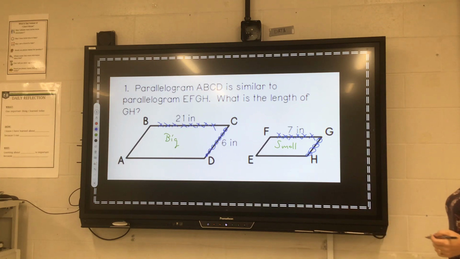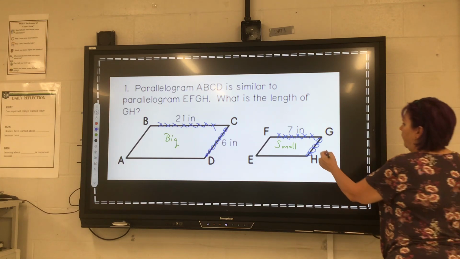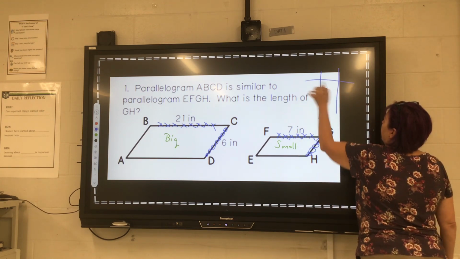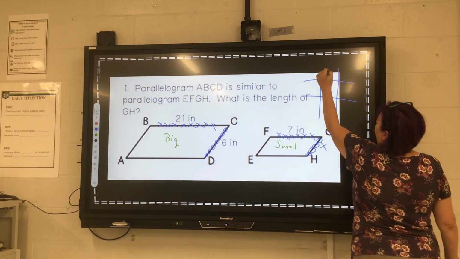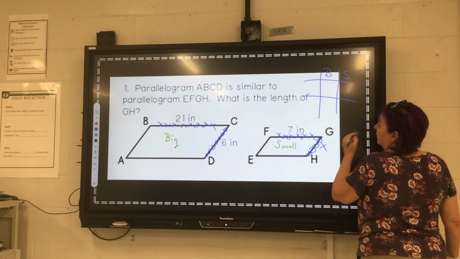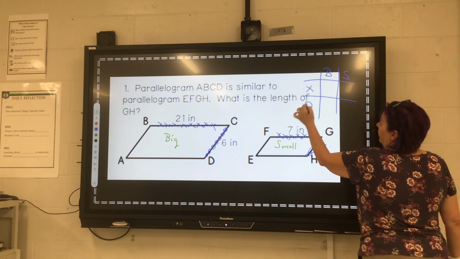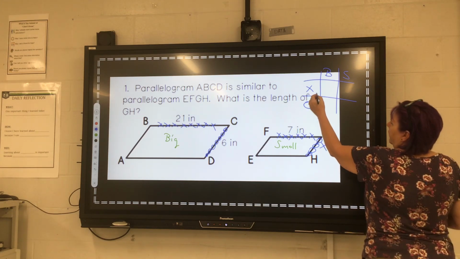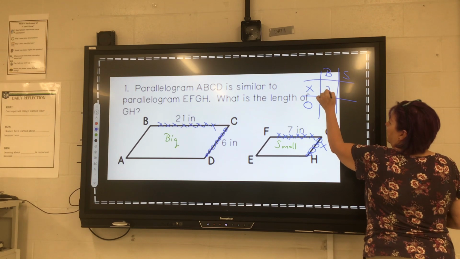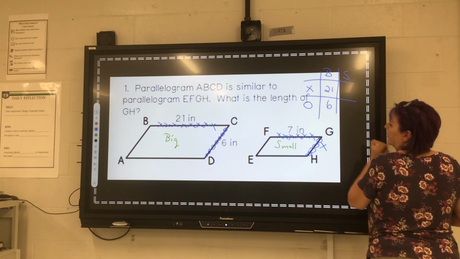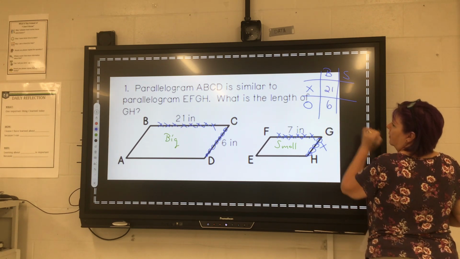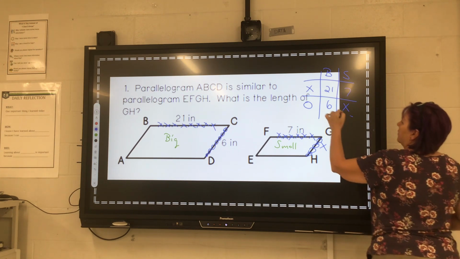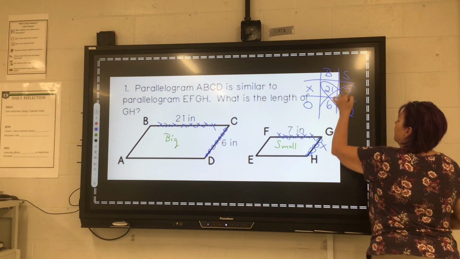Okay, so now we're looking for this number here. We're going to set up a proportion table. We've got big, small, we've got X's, and we've got O's in our circles. So we've got, big one is 21 and 6, and we've got 7 and X. So once again, we are going to cross multiply.